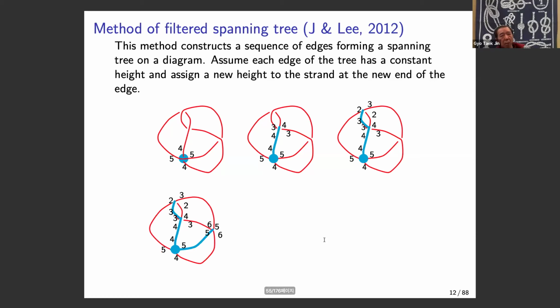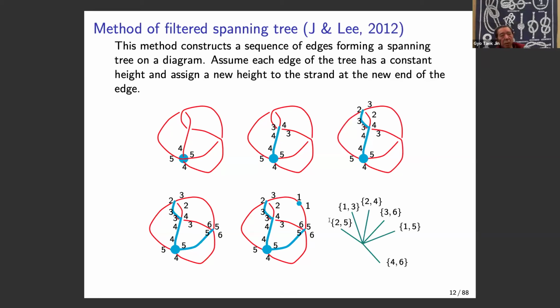And then you stretch the last edge and assign 6 and 6 because this is an overcrossing. And then we assign 1, and so we make this wheel diagram. I'll show you in more detail for a 14 crossing knot in a minute.